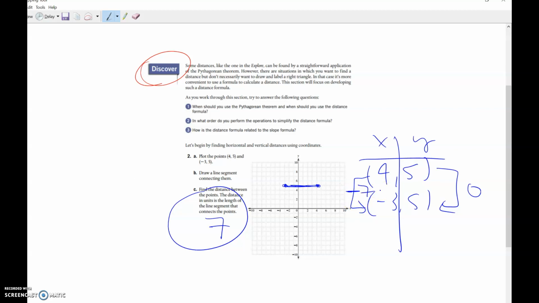Or if I turned them around, if I put the -3, 5 first and the 4, 5 second, the change here is 0. And the change here is +7. So distance is absolute value, so it's always positive. So no matter how I do it, this distance is 7. And I don't need Pythagorean Theorem because it's not at a slant. It's straight across. All right, go ahead and try number 3 on the next page.